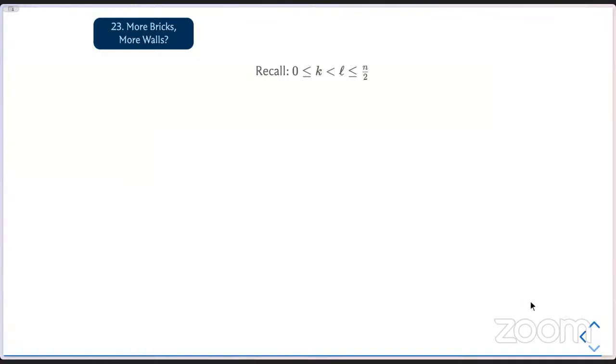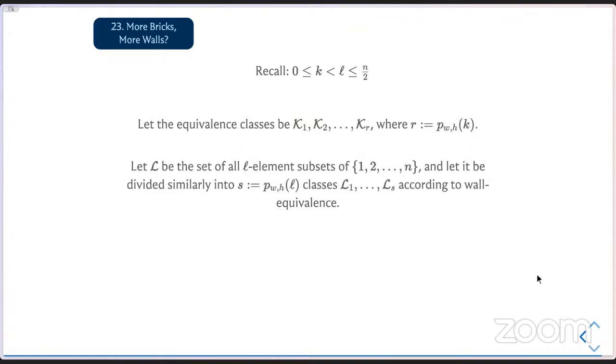All right, so remember that K is the smaller of the two between K and L, and both of these are between 0 and n/2. That's our setup. And we have these equivalence classes coming from the set of K bricks, K1 through Kr.